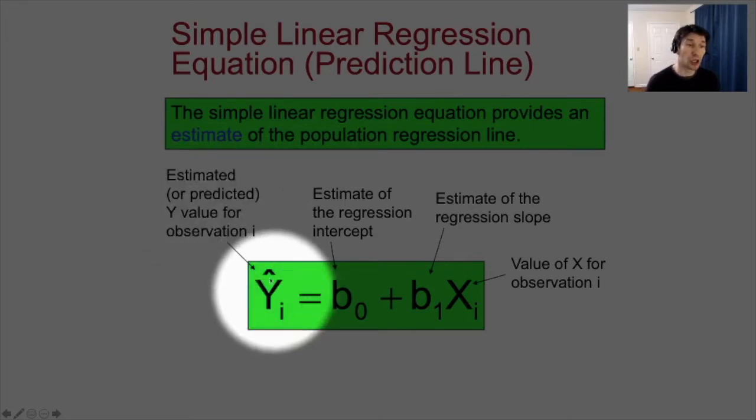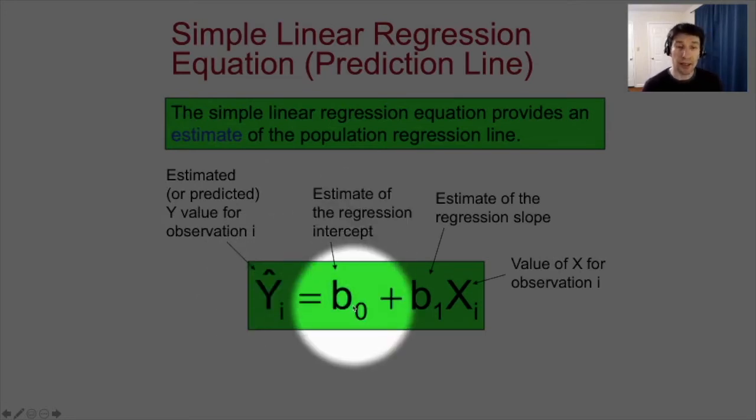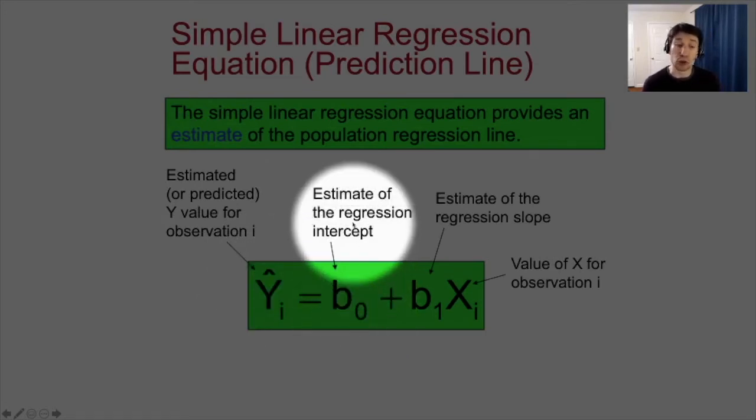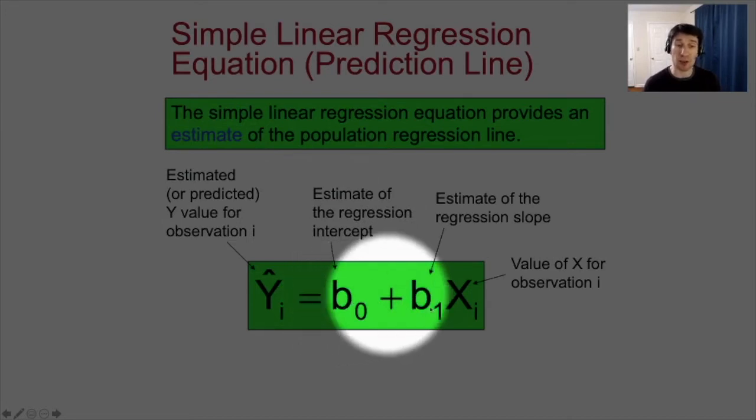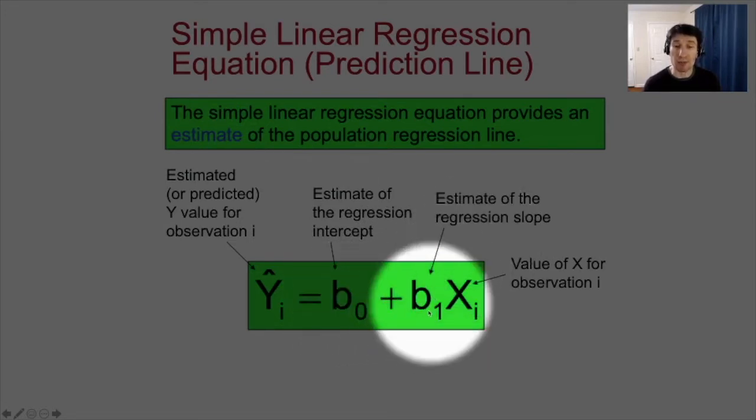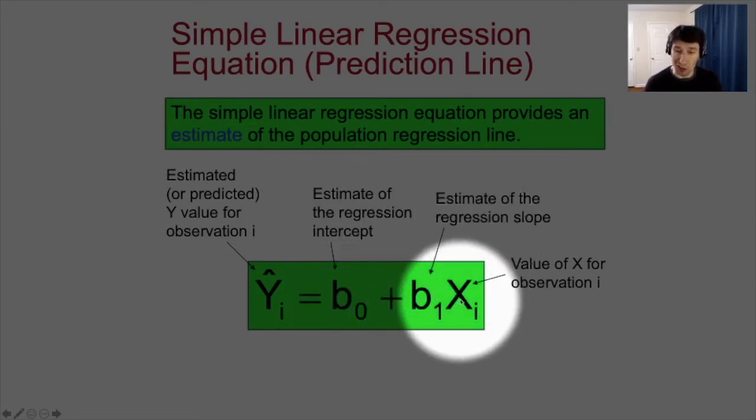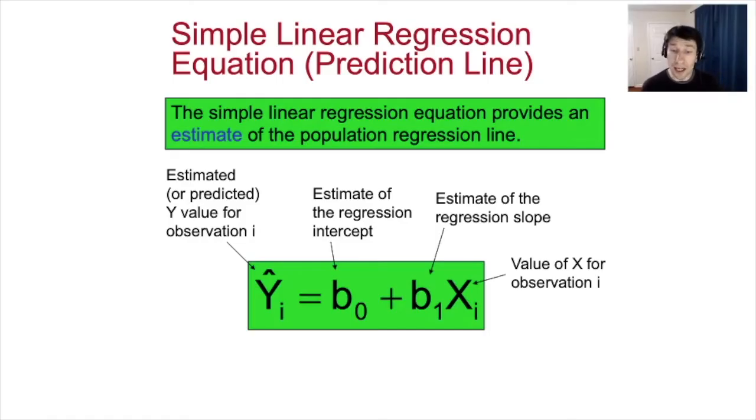So y with a hat is going to be the predicted y, the estimated y. And then we're going to use B0 for the estimate of the regression intercept, B1 for the estimate of the slope, and xi for the actual value of the observations. Note that xi is the only one that stayed the same from the previous model to this regression equation.